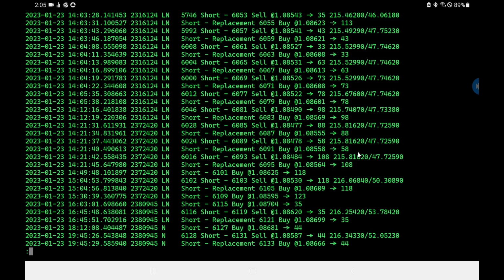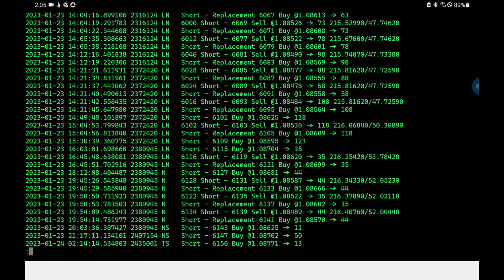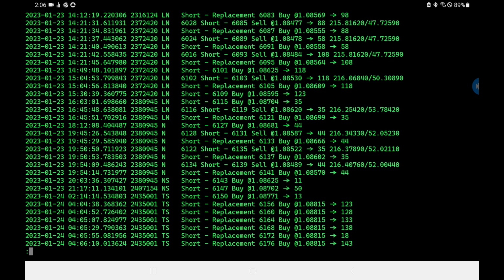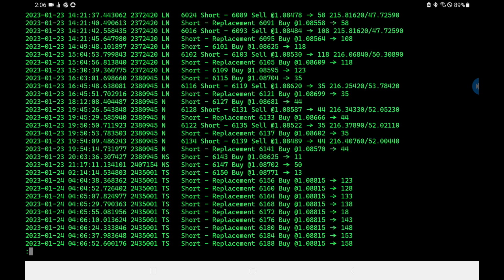Now we continue further. And we see that the clustering continues quite aggressively, with a small and brief, and then the big run, the big push, where the cluster just sells everything off.